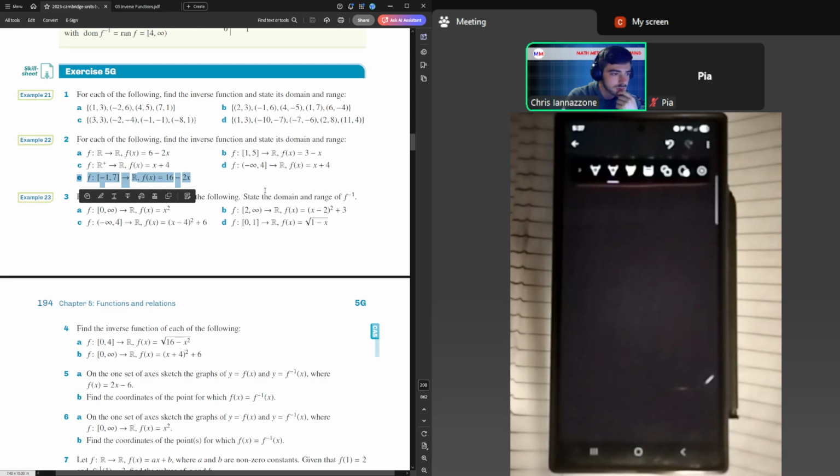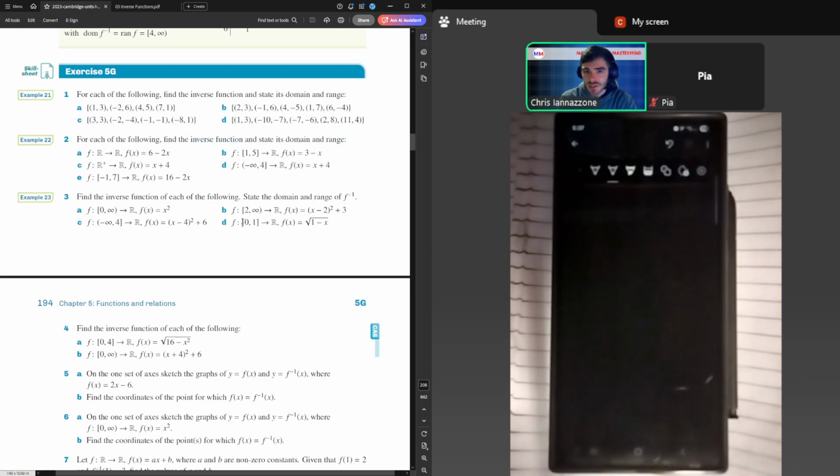Yeah, just double check the working on that. Yeah, sorry, 8. Okay, cool. So that's the inverse function itself. Then the next part of that is also domain and range.